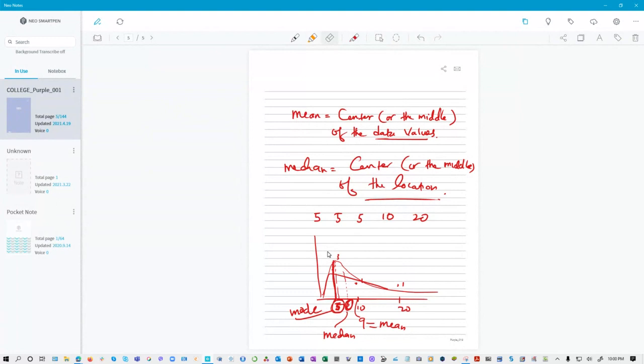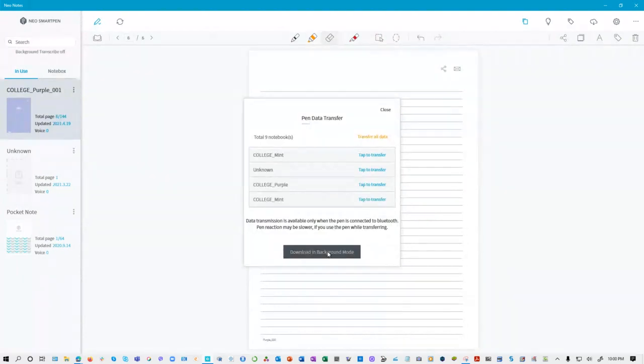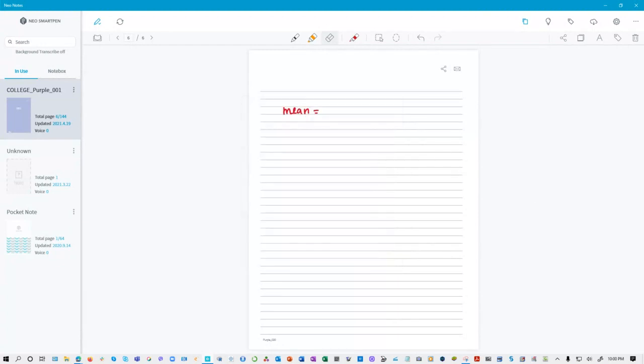Okay, the mean, I'm going to write this down. Mean balances deviations or errors or residuals. More specifically, we call the residual the deviation of a sample.